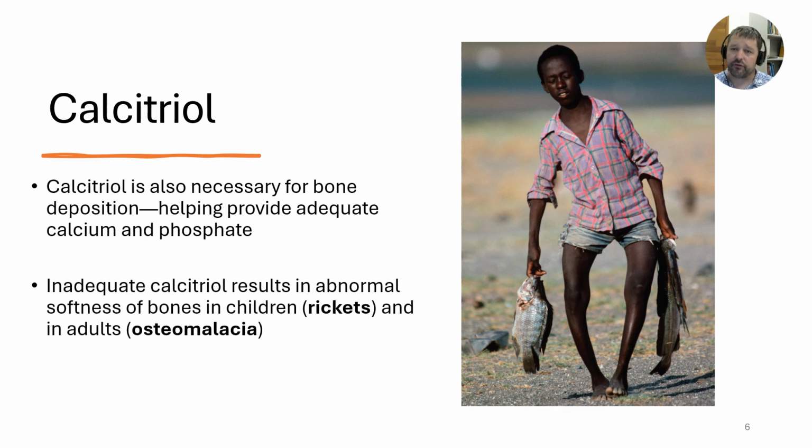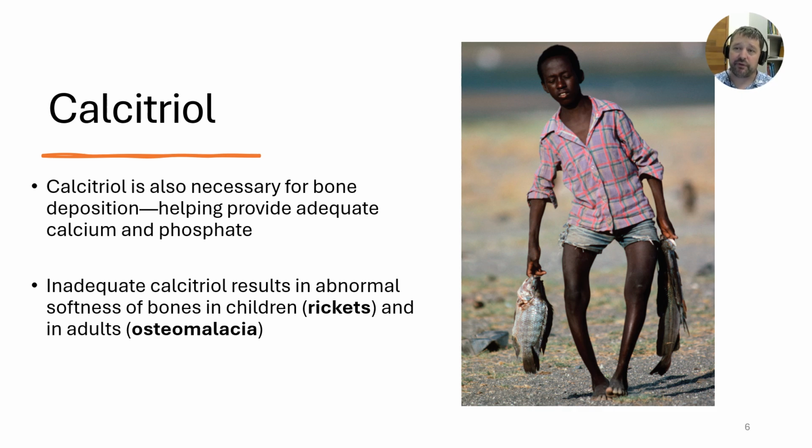And that softness in bone plus gravity can cause an individual's bones to bow. Okay, and so rickets is an example in children of this abnormal, inadequate calcitriol, which is going to cause less calcium and phosphate to be associated with the collagen fibers. They tend to be weaker, they bend more, and you can get this bowing of the bones.